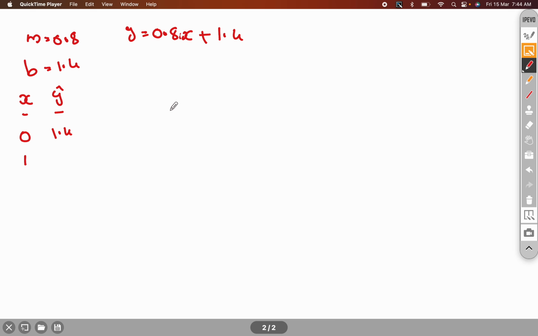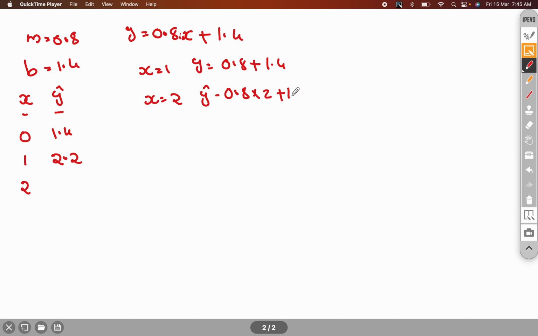Then when x is equal to 1, y is equal to 0.8 plus 1.4, so this will be roughly 2.2, right? Then x is equal to 2, so y cap will be 0.8 into 2 plus 1.4, which is 1.6 plus 1.4, which is equal to 3.